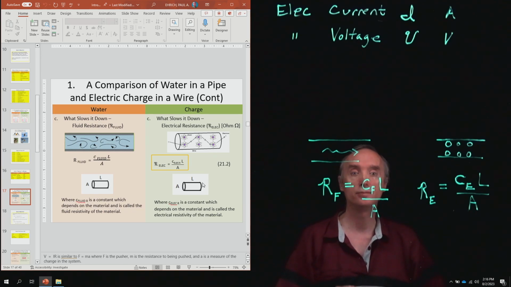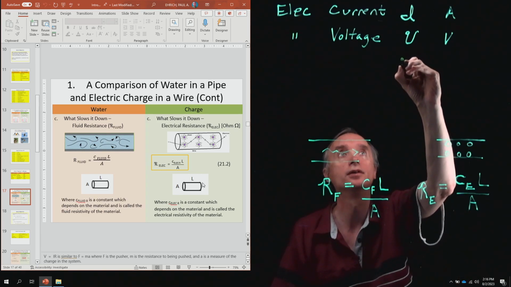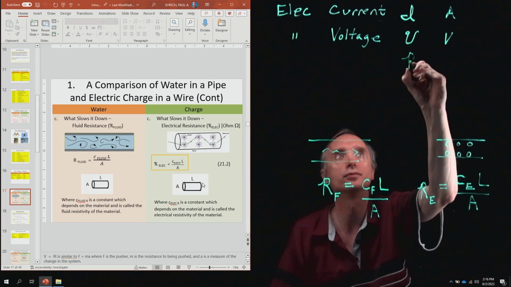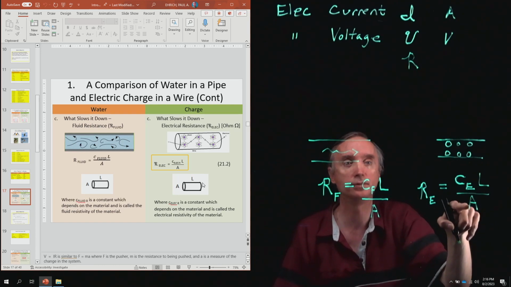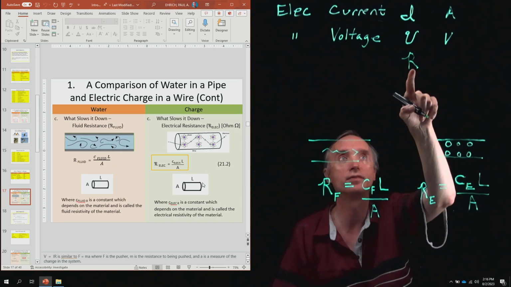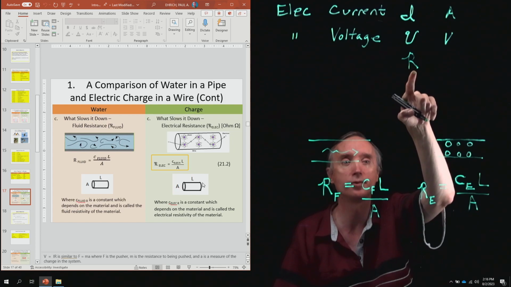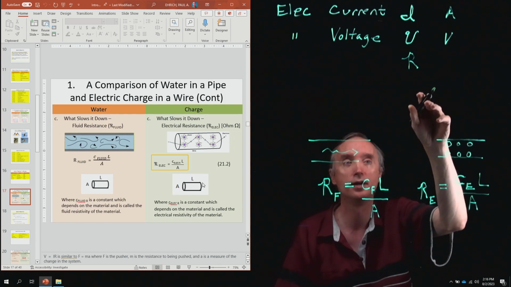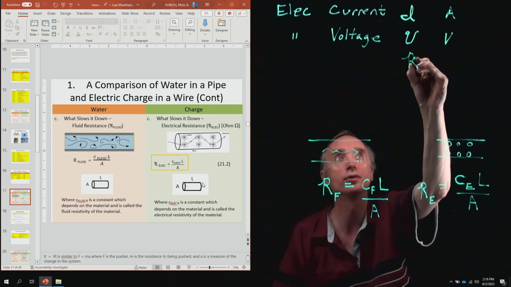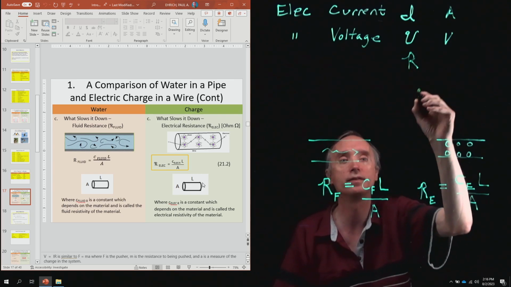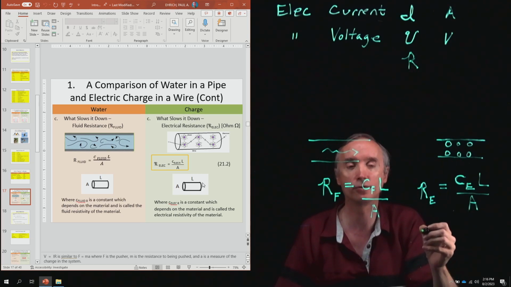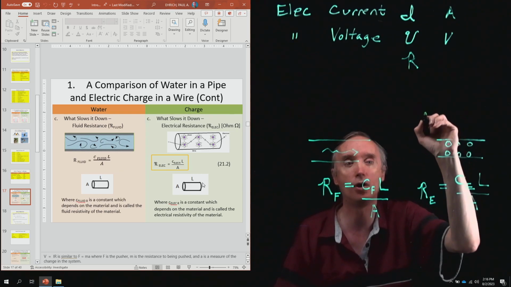Okay, now the official metric unit, so let's put it up here. I am going to drop the symbol up here and just say that this is resistance. So capital cursive R is going to stand for resistance. And then the official metric unit for resistance is going to be the ohm.